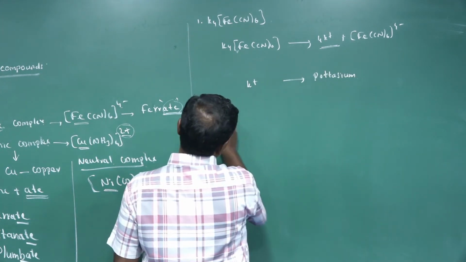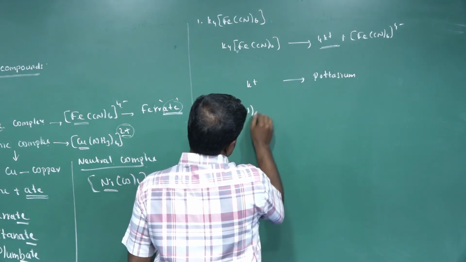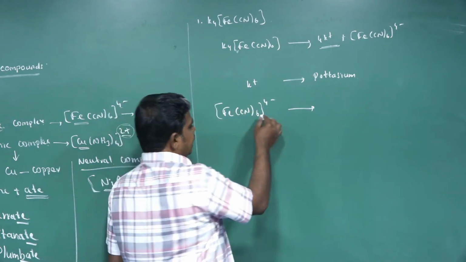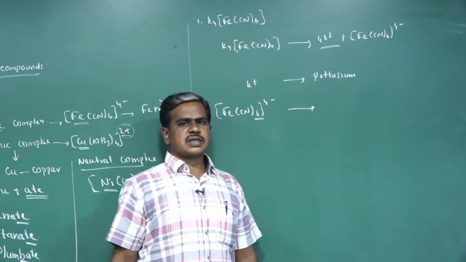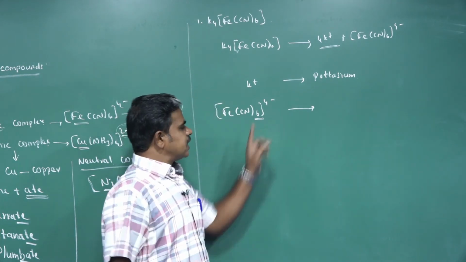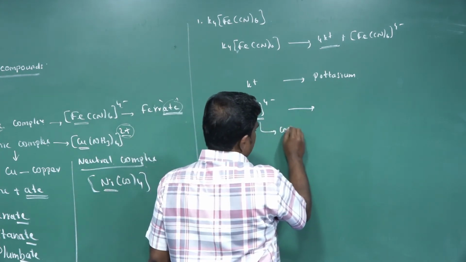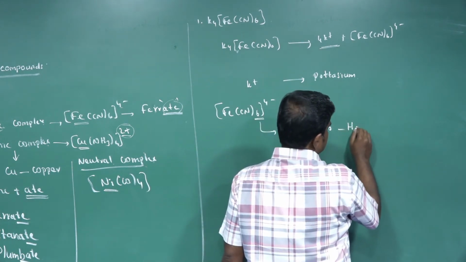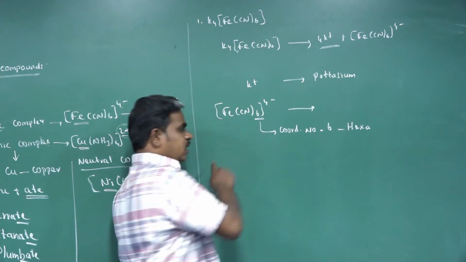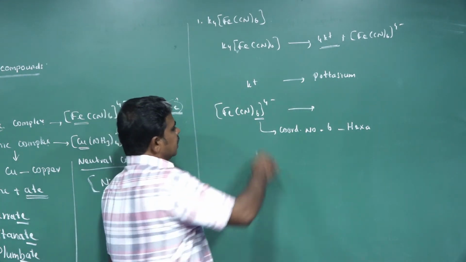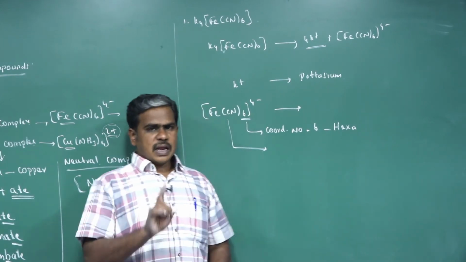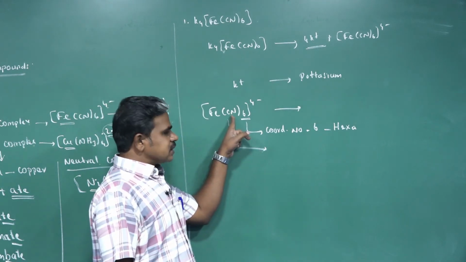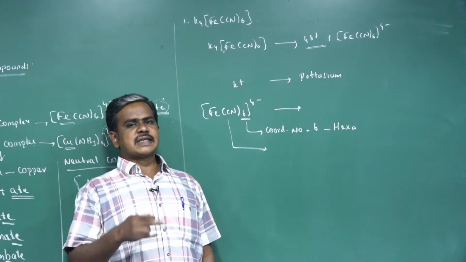And in the complex [Fe(CN)6]4-, which is named first? The coordination number. The coordination number is 6, so we take hexa. After that we take the ligand. For ligand naming, we consider the type of the ligand. It is a negative ligand, and a negative ligand ends with -o.